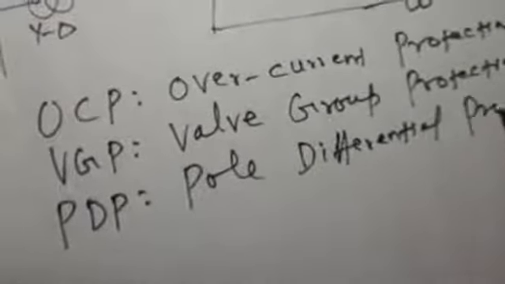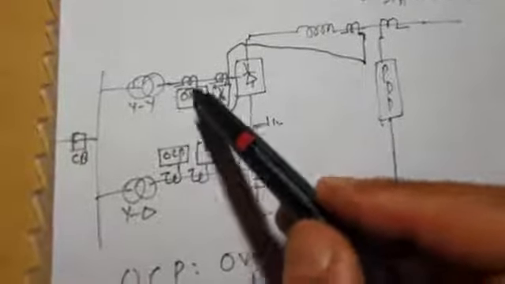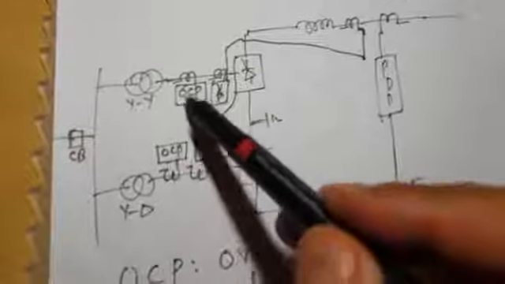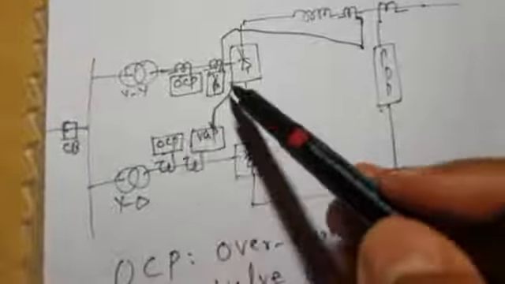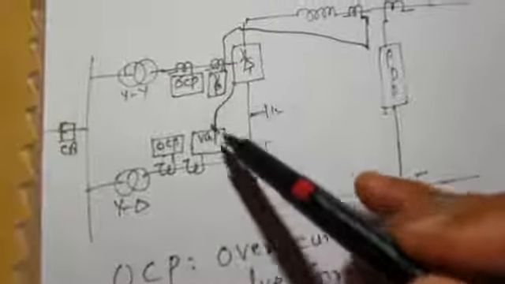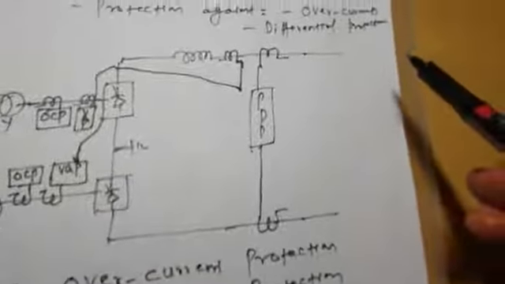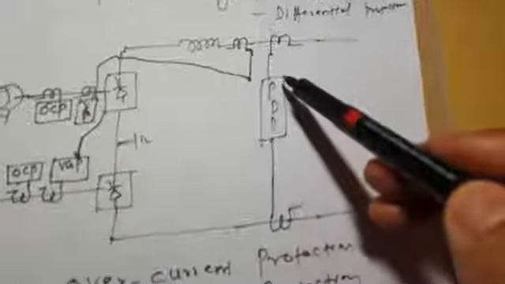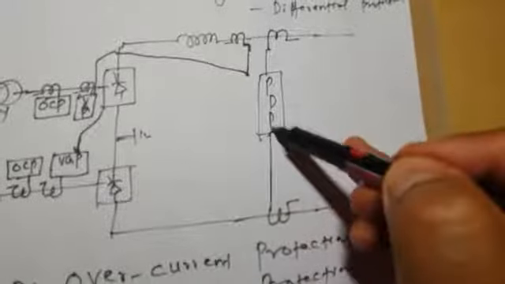If you see in this schematic diagram, overcurrent protection on the AC side is provided by these overcurrent protection schemes, OCPs, and valves are protected against overcurrents by these VGPs, valve group protection schemes. And how is the DC side protected against overcurrents, faults? For that purpose we use PDP, pole differential protection.